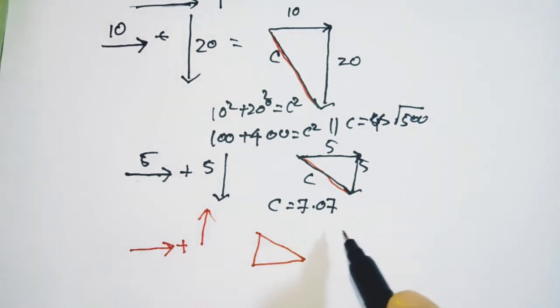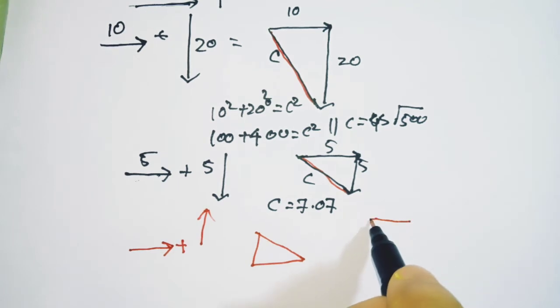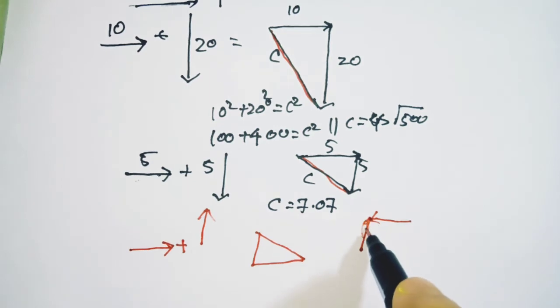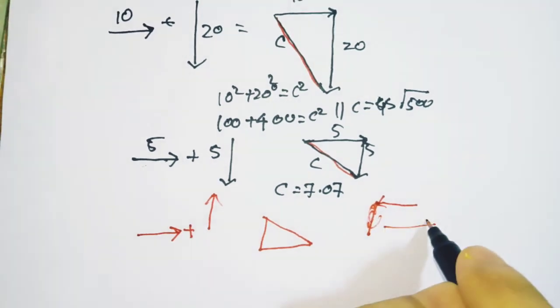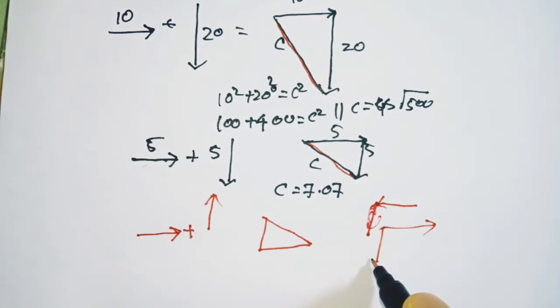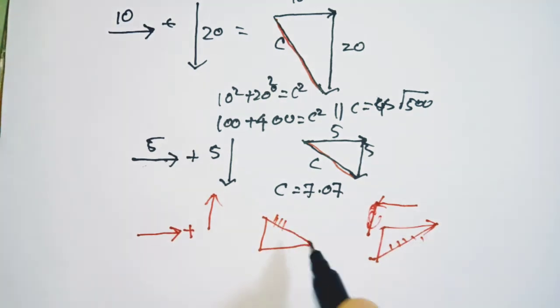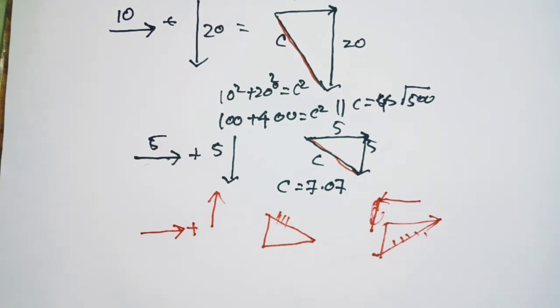Or if I get a vector in this direction and I'm adding in this direction, again the result would be this. So this part which I'm talking about is always the same. That is what we need to know: whatever happens, the vector arrow or the direction of the vector remains the same.